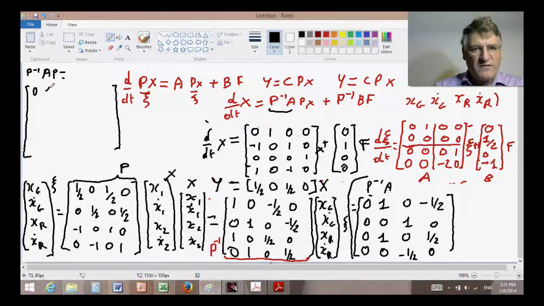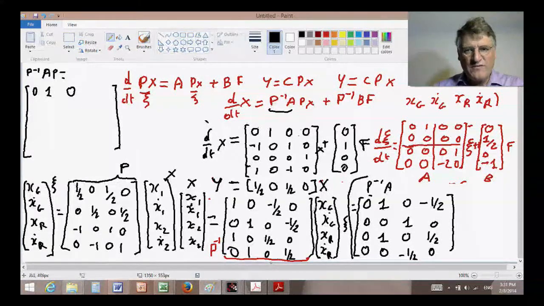It will therefore be 1. The third entry will be 0 times 1/2 plus 1 times 0 plus 0 times 1 minus 1/2 times 0. Therefore, 0. And the last element will be 0 times 0 plus 1 times 1/2, and you can see minus 1/2 times 1, 0.